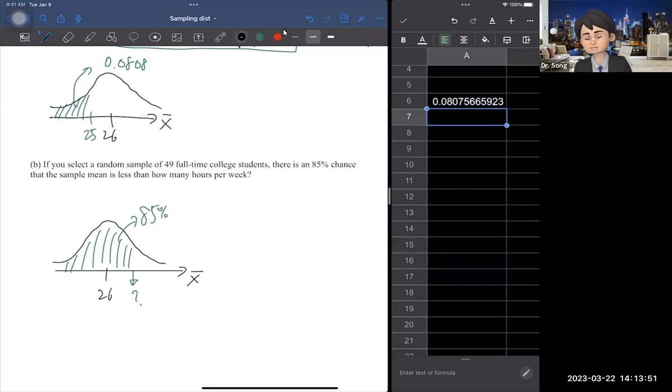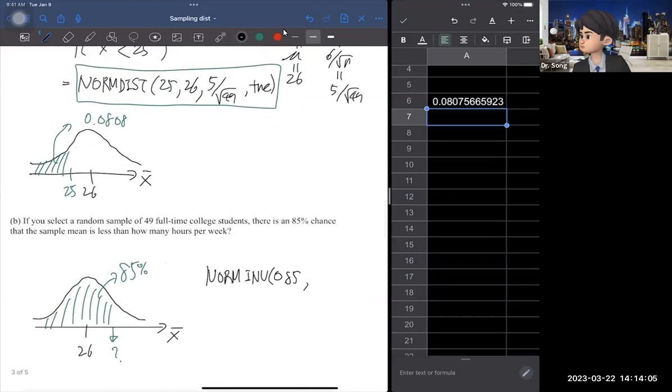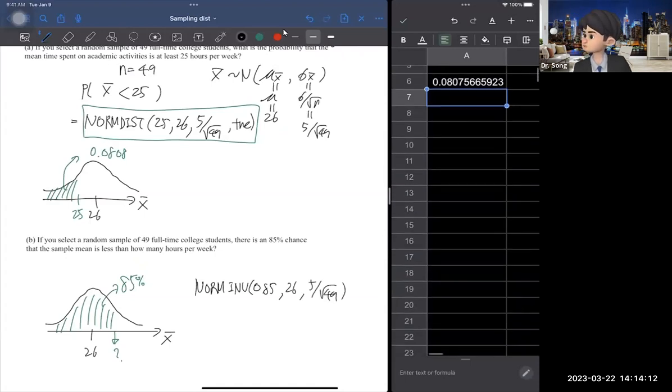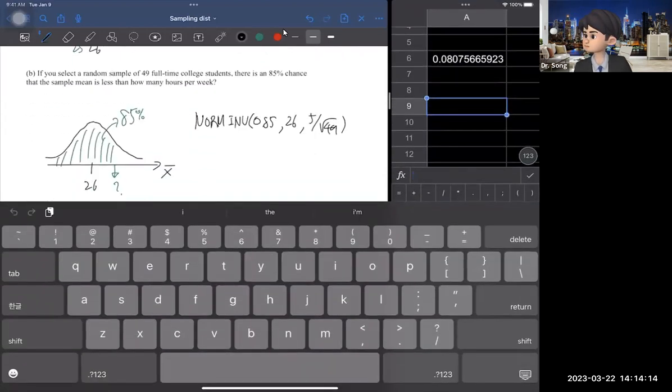Now, what do you need to do? Well, this time you need to use NORM.INV. We know the probability, the percentage, but we want to find the x bar value. So NORM.INV: you put 0.85, mean equals 26, and the standard deviation is 5 over square root 49, then it gives you the answer. So let's do it.